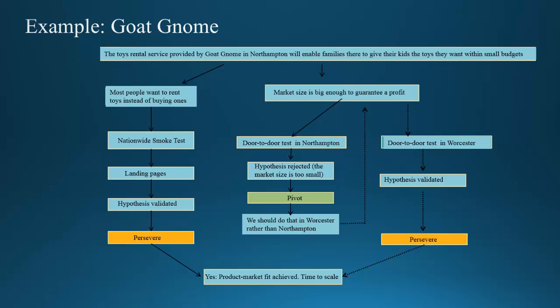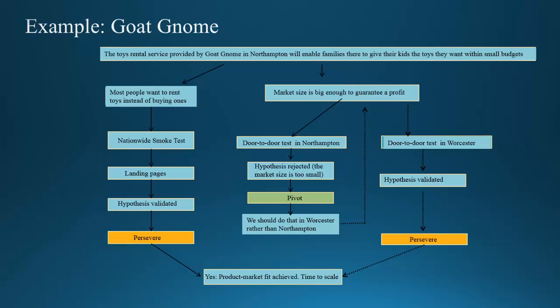First of all, they developed a vision. Since high-quality wood toys are expensive and children lose their interest in a single toy fast, a toy rental company can satisfy families' needs about owning new toys with low budgets. Also, because the founders live in Northampton, they plan to start their business there.